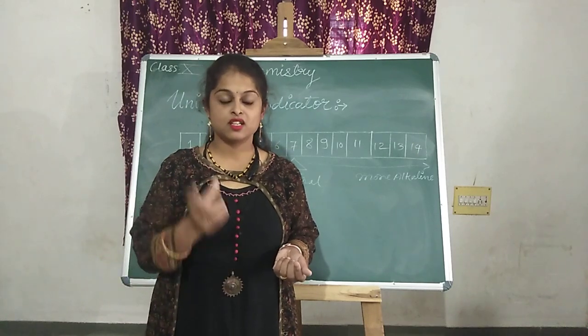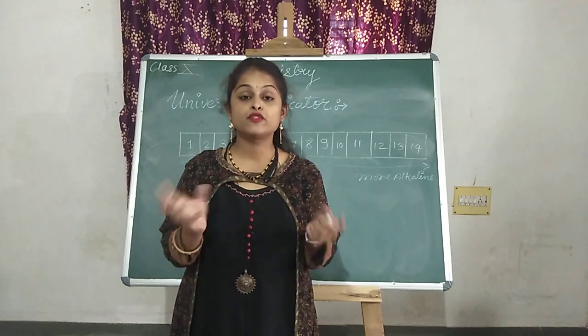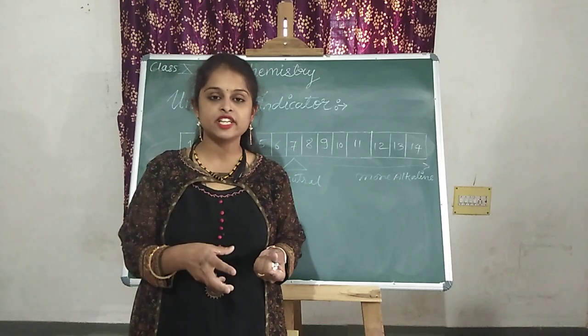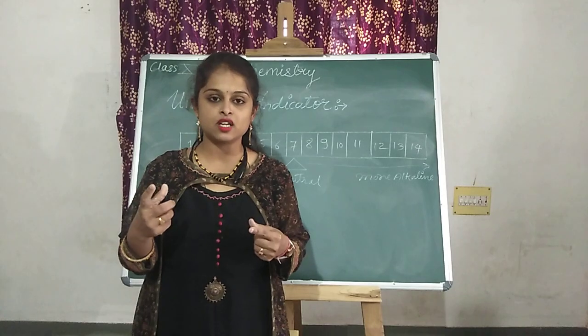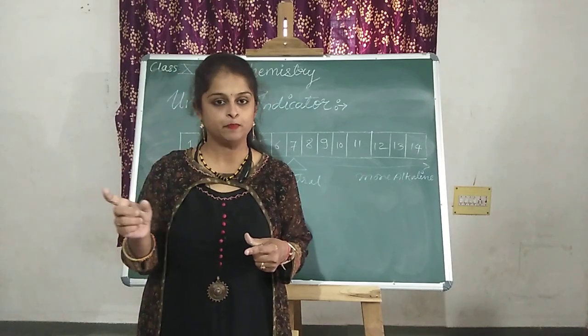This is an indicator which is made up of different indicators. Universal indicator is a mixture of different indicators or different dyes which gives us different colors at different pH values on the entire pH scale.